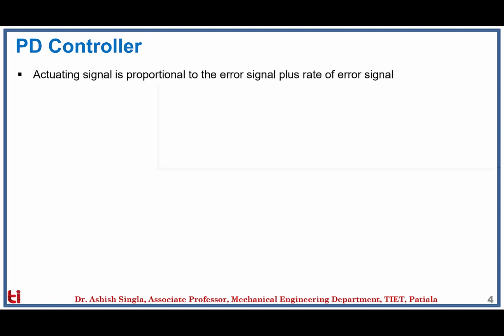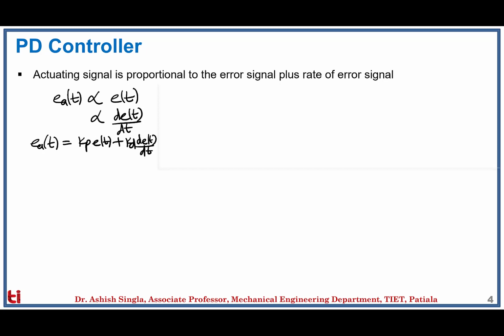First of all, we are going to discuss the PD controller, in which the actuating signal is proportional to the error signal, and it is also proportional to the rate of change of error signal. So we have two proportionalities. To bring them into equality, we'll introduce two constants, which means that ea(t) is equal to Kp times e(t) plus Kd times de(t)/dt, where Kp is called the proportional gain and Kd is called the derivative gain.